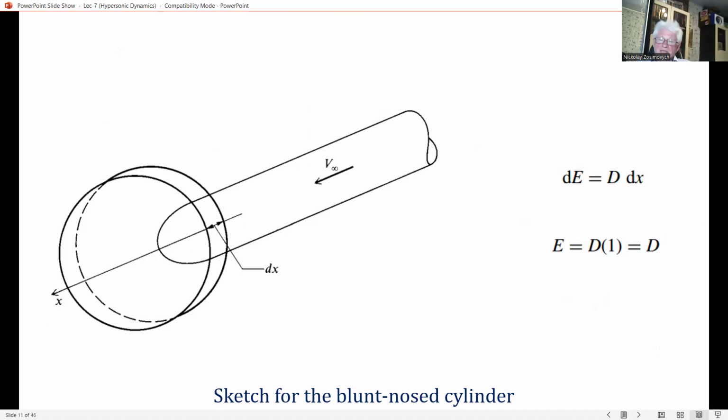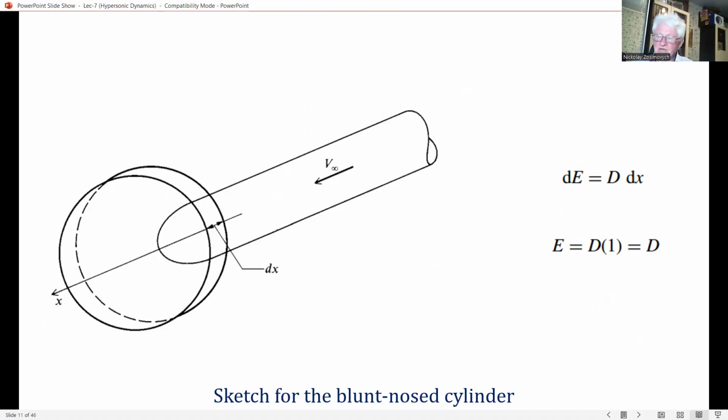Thus, when the body moves a unit length in the x direction, the energy released to the air is E equals D. It's simply D. So, once again, we see that the energy release is equal to the nose drag.